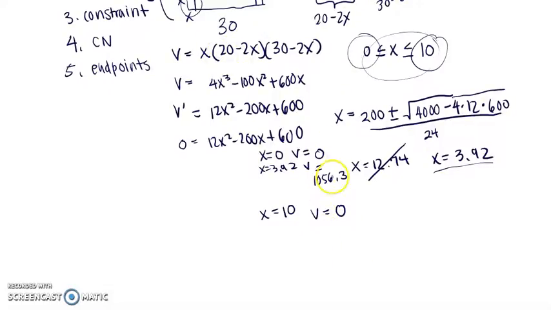And now we can see that this obviously is our maximum. And we could see this by using the second derivative rule. A clearer picture of it can be given by the second derivative rule, and that's 24x minus 200. That's the second derivative of our volume equation here.